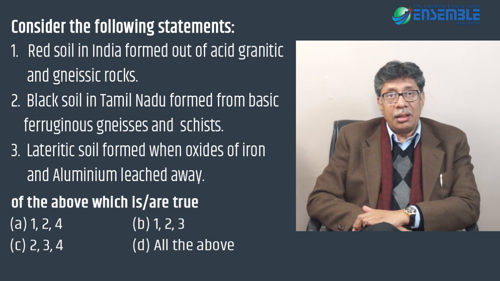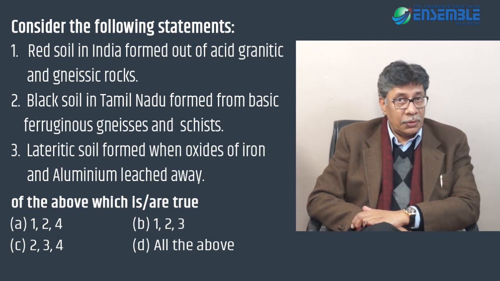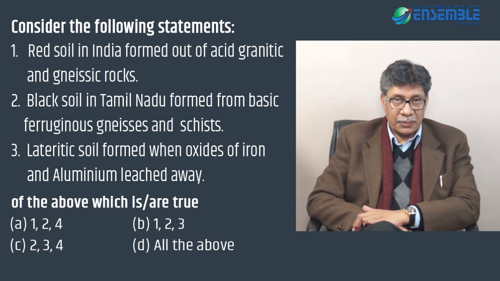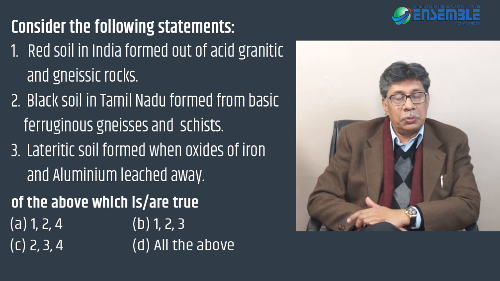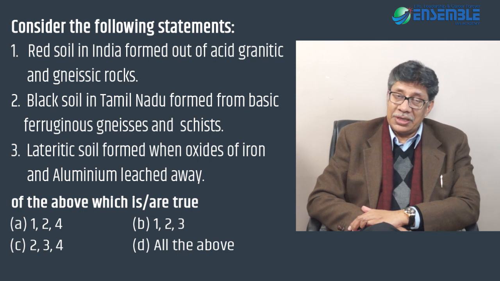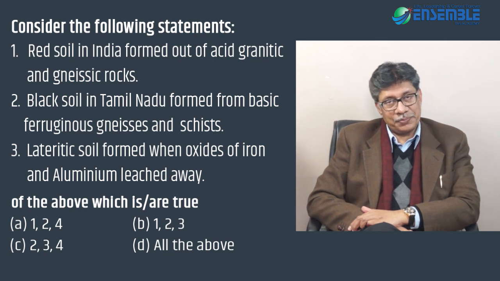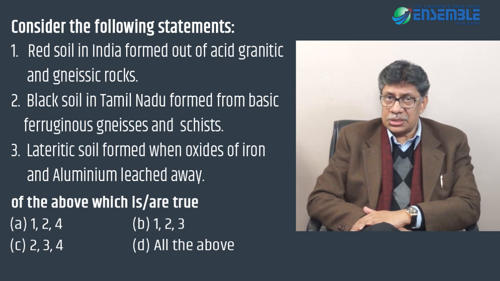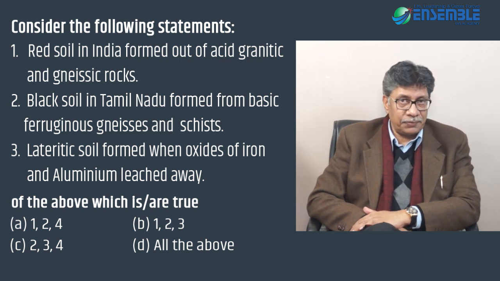Three: lateritic soils are formed when oxides of iron and aluminium are leached away. And four: forest and mountain soils are rich in humus. We will have to mark which of these statements are correct. Of course, you will get answers to these questions as you go ahead with this section.